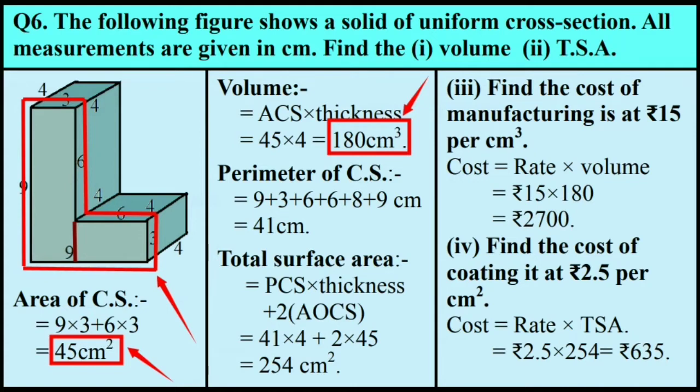Next is perimeter of the cross section, and here I start taking perimeter of the cross section from the bottom left corner in clockwise direction.